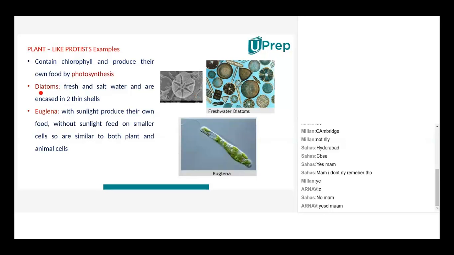Among them, this word they have used, diatoms. Diatoms look something like this, on the slide I'm just pointing out. You would have observed, if you have a seashore near your city, something like this, shell-like things, especially at a freshwater seashore. These shell-like things are called diatoms. And this is the euglena structure.